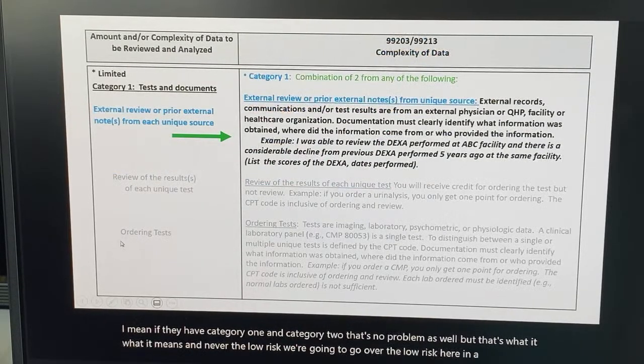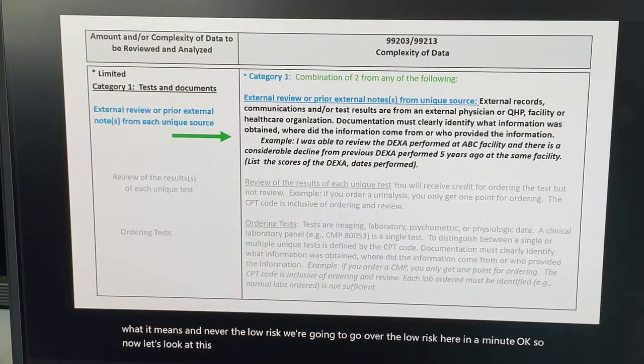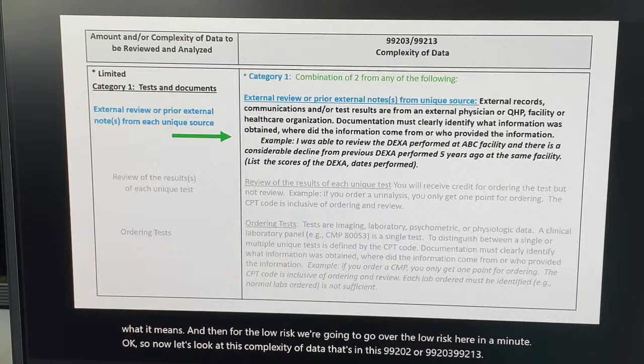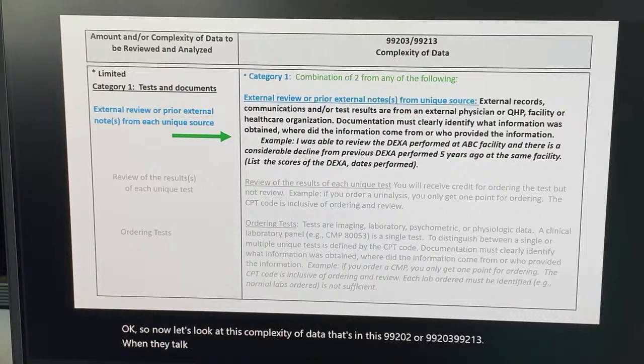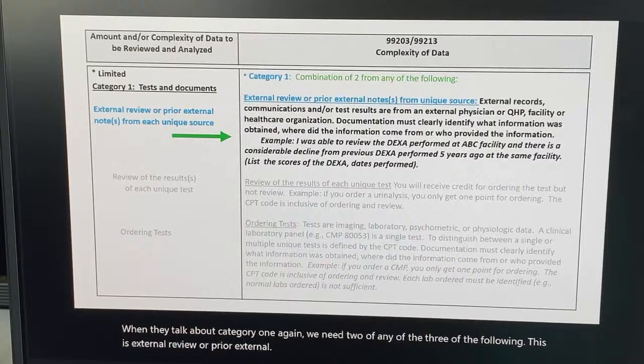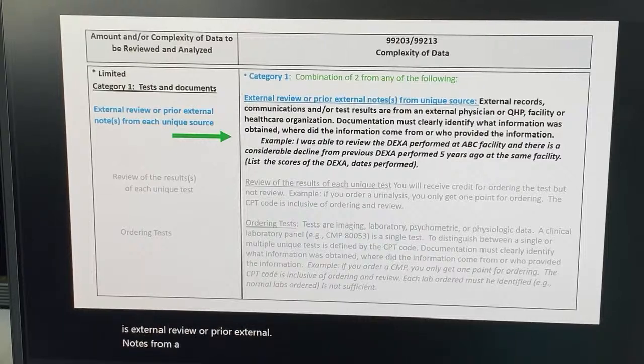Okay, so now let's look at this complexity of data that's in this 99202 or 99203, 99213. When they talk about category 1, again, we need 2 of any of the 3 of the following. This is an external review of prior external notes from a unique source.